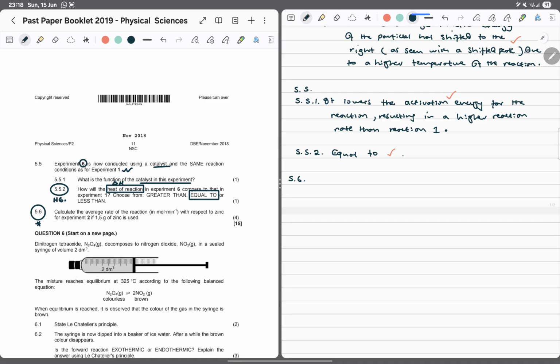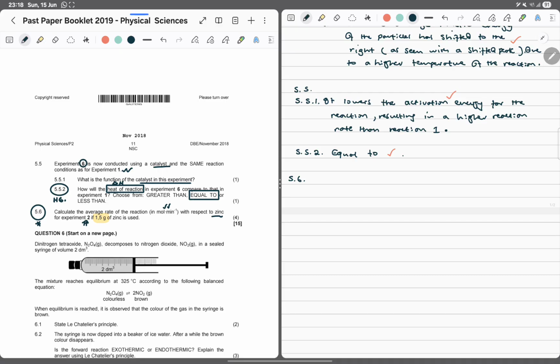5.6. We are then asked to calculate the average rate of reaction. See, we are told exactly the unit to use in mole per minute with respect to zinc. Okay, in experiment 2. Of course, we are given that we used 1,5 grams of zinc in this case.